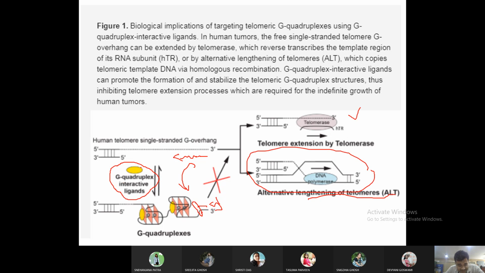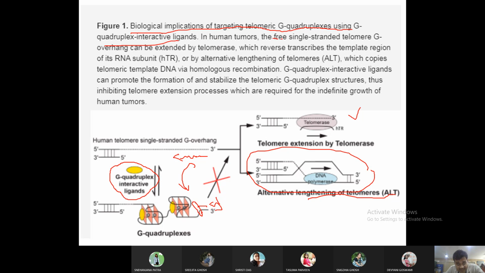So either it can be polymerized by DNA polymerase, or it can be extended by telomerase, only when these G quadruplexes are absent. So let me read: biological implication of targeting telomeric G quadruplex using G quadruplex interacting ligand.